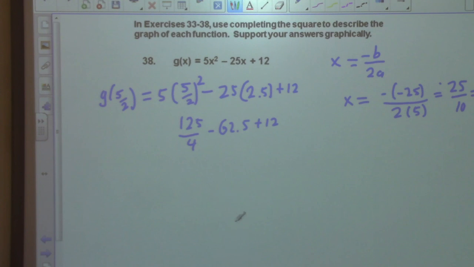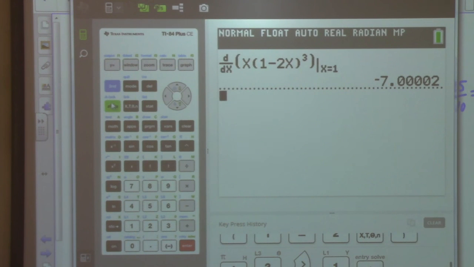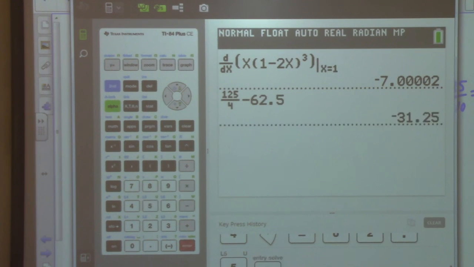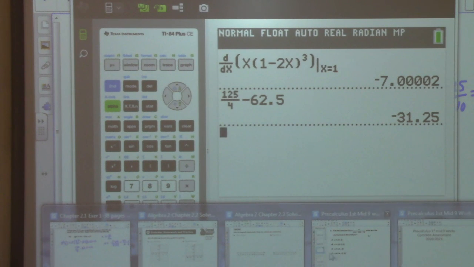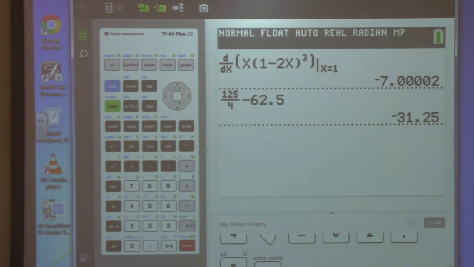Yeah. We could change these to fractions and all that, but with our calculator, 125 divided by 4, minus 62.5, and then the last one we had was plus 12, right? Plus 12.